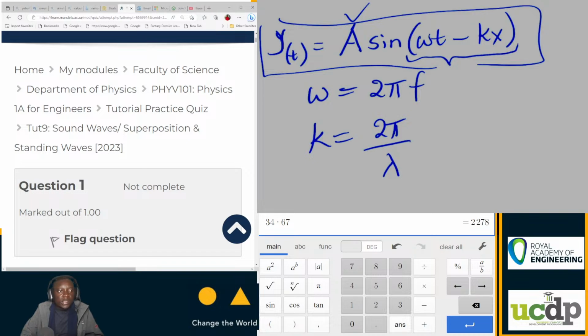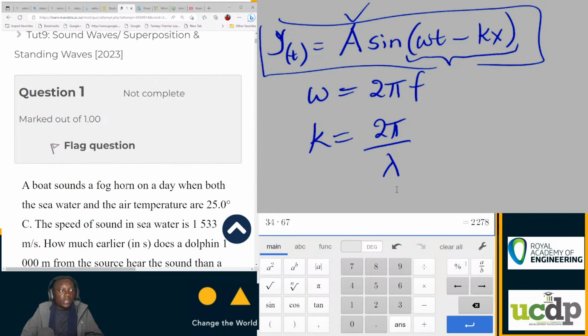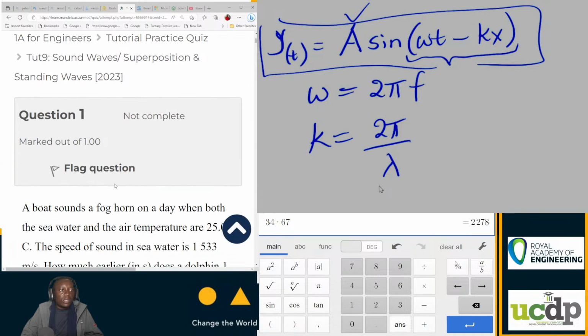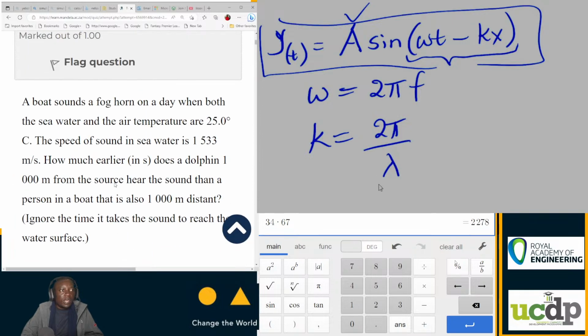So our first question for today is question number 1 from Tut 9, that's Tut 9 on Moodle for PHYV. The question goes: a boat sounds a fog horn on a day when both the seawater and air temperature are 25 degrees Celsius.